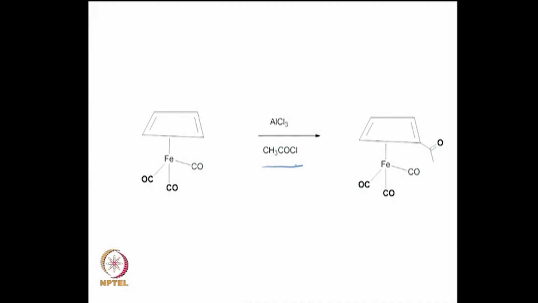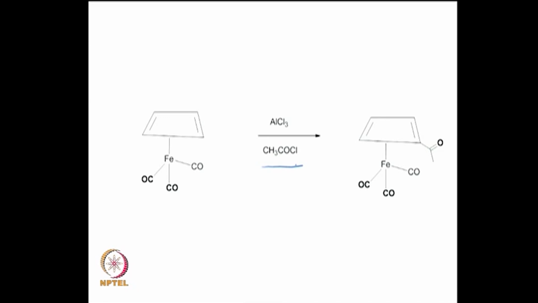This is interesting because cyclobutadiene is supposed to be anti-aromatic or non-aromatic, depending on which geometry you choose. And if you treat that with acetyl chloride, you have a typical aromatic reaction.